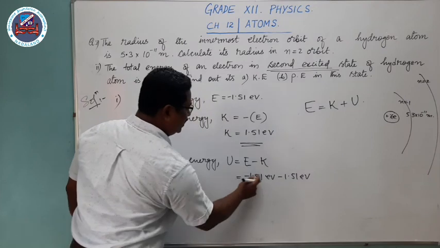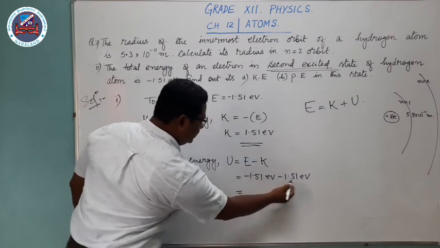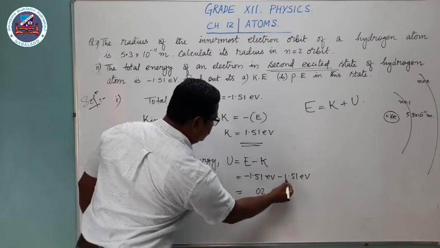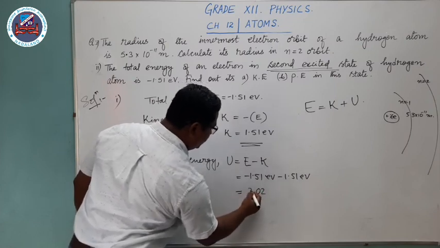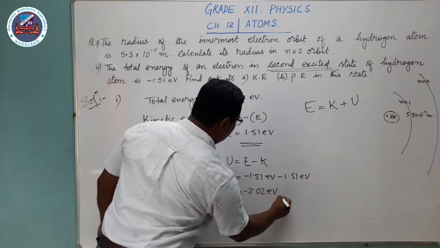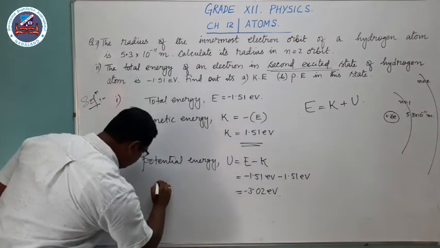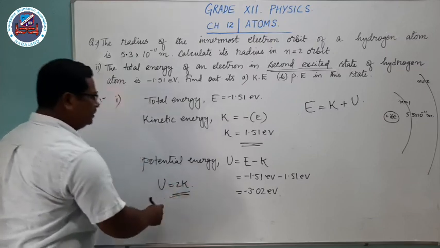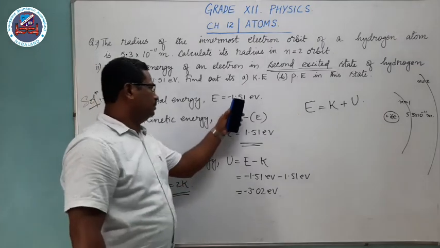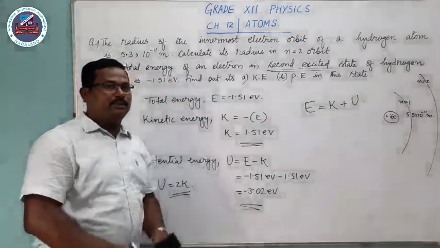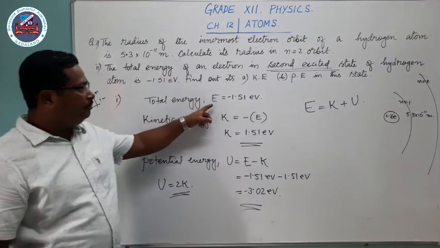Minus and minus, we have to add it. It will come out to be -3.02 electron volts. In other words, potential energy is 2 times the total energy. If you can remember this, directly multiplying the total energy by 2 will give you the potential energy. Like this, numericals are related with the concepts.